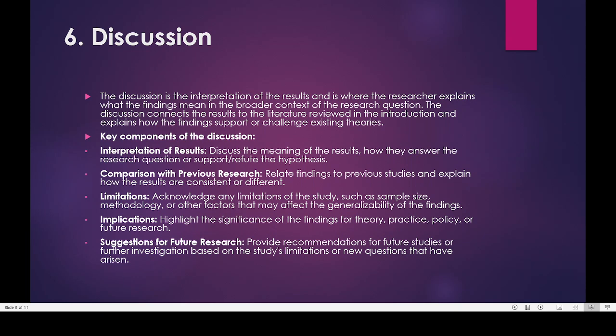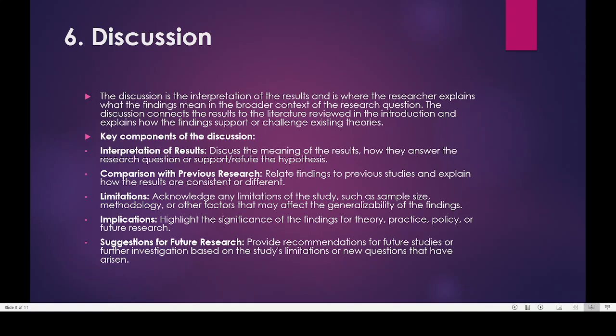Discussion. Discussion is the interpretation of the result, where researchers explain what findings mean in the broader context of the research question. So that is a very important area, because when we are in the discussion, most of the time people will be mentioning what are their major opinions, what they think about their study.